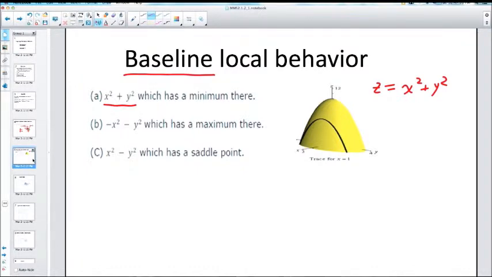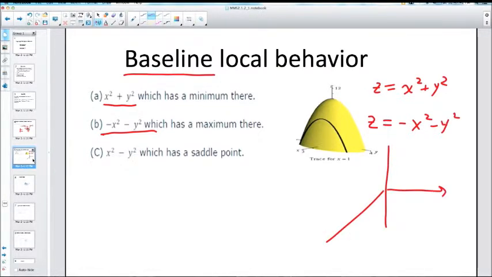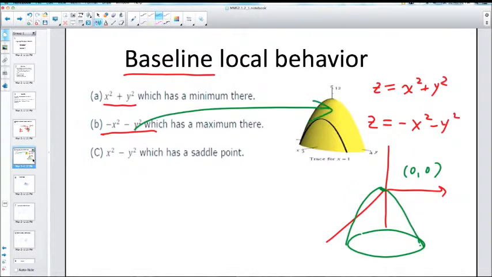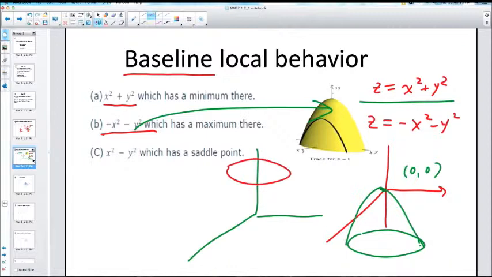On the other hand, you can put it upside down when you put the negative, and then I can sketch the graph like this. Let me change the color. Again, it's a circular paraboloid. That's the shape, and at the origin you get the maximum. I'm sorry, this is case B. And what I tried to draw is the minimum, in a case like this.